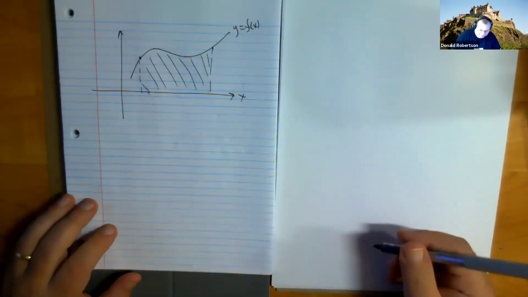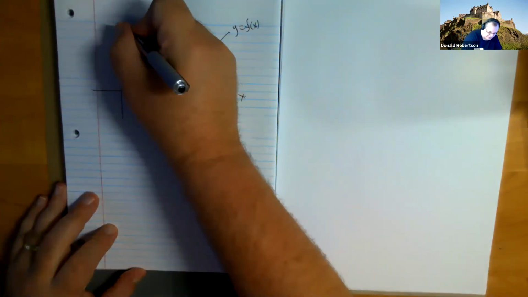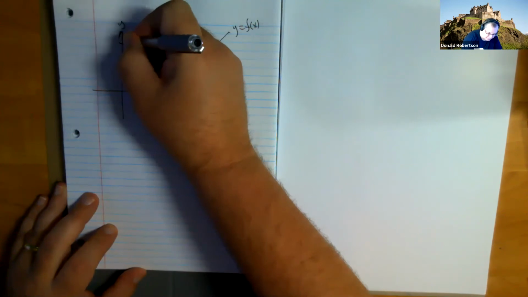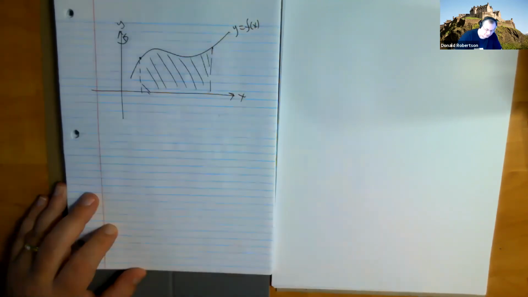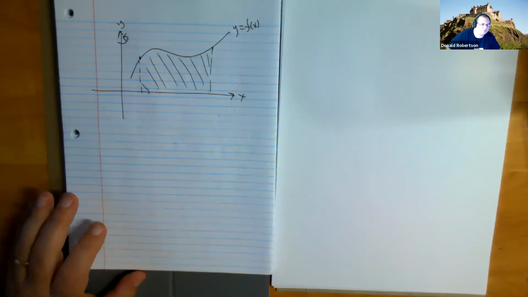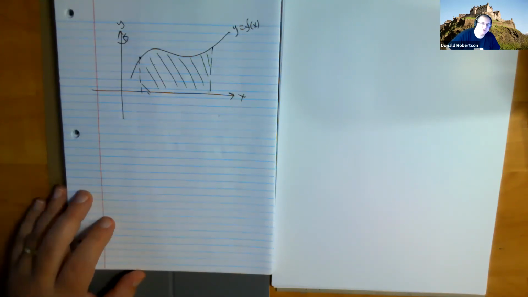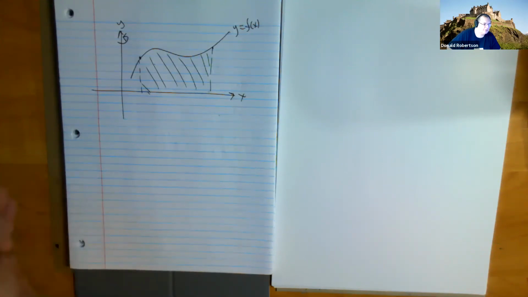But the way you go about it is quite significantly different. So let's suppose I wanted to rotate something about the y-axis. Now, if I'm doing the disk method, if I rotate something about the y-axis, don't you do everything in terms of y, right? It'll be distance, big guy squared, take away little guy squared, dy.